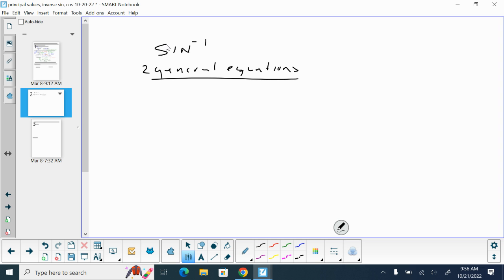The first is theta equal to the principal value. How do we get the principal value? Your calculator. The principal value is your calculator value.